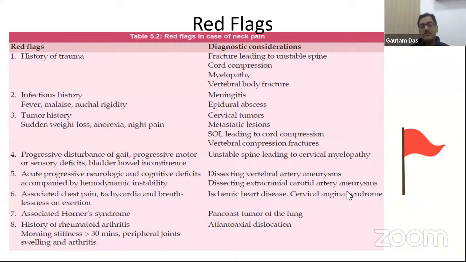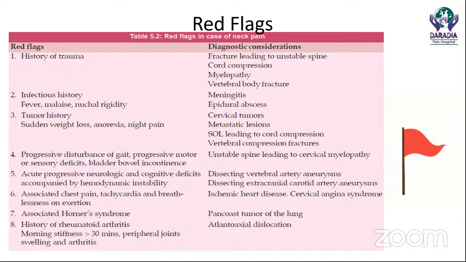Can you see my slides now? Yes, sir. We did not hear anything you said in the last one or two minutes. Okay, you couldn't hear me for the last one or two minutes?